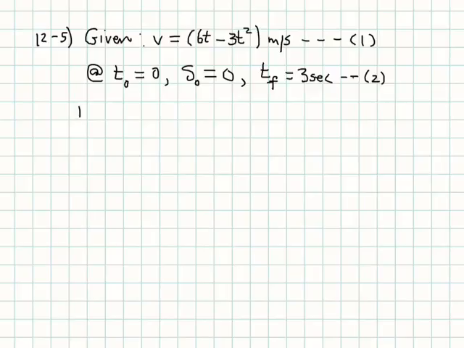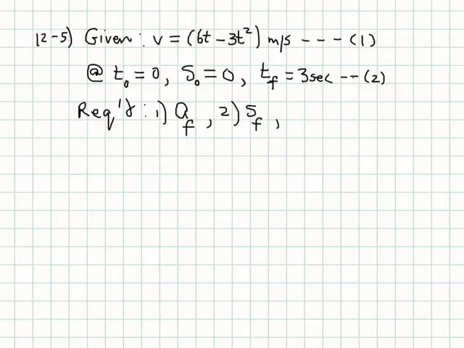We want to find a few properties. The very first one is to find a final, that is a at time t equals 3 seconds. We are also asked to find the position of the particle at this final time.